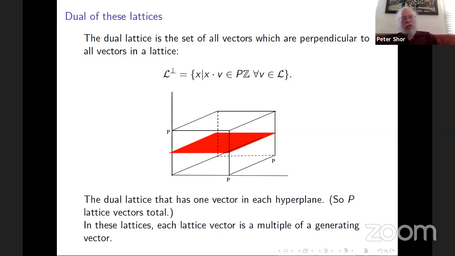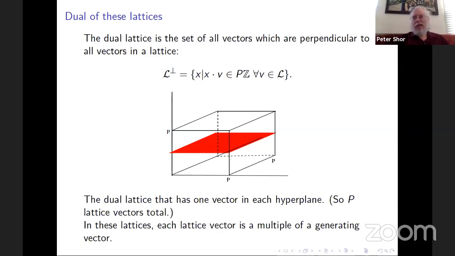So this dual lattice will have one vector in each hyperplane, so there will be p lattice vectors total. And for the dual lattice here, L perp, each lattice vector is a multiple of any generating vector. So the lattice vectors are all one-dimensional mod p.